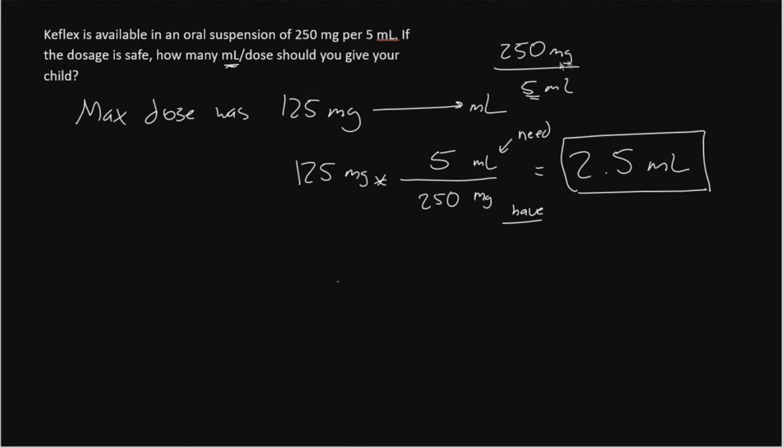So as long as you have the mg and they give you mg per ml, you can do the operation in one step. Just take the mg that you've already got and use this information as your conversion factor to get out of mg and into ml.